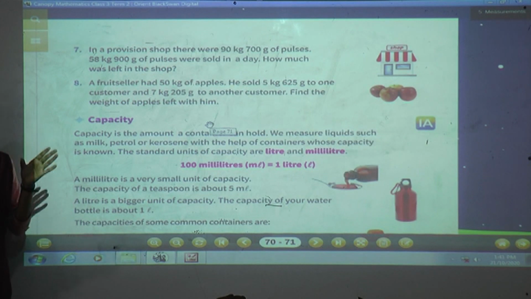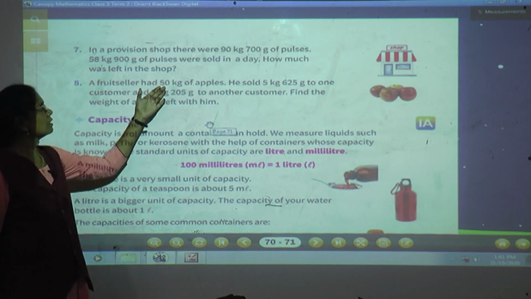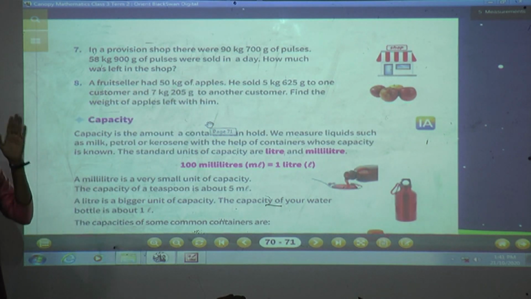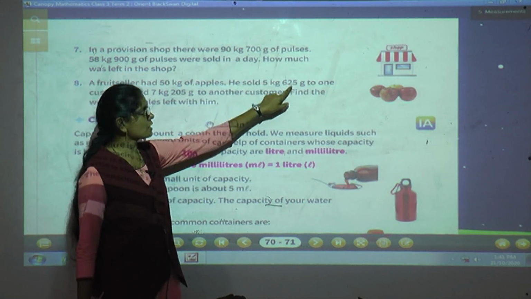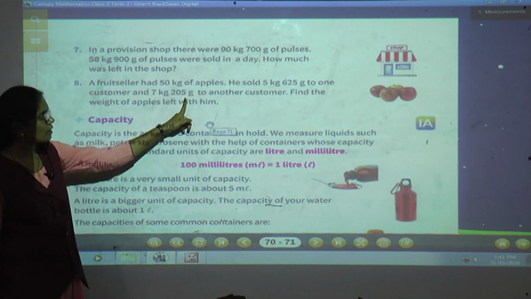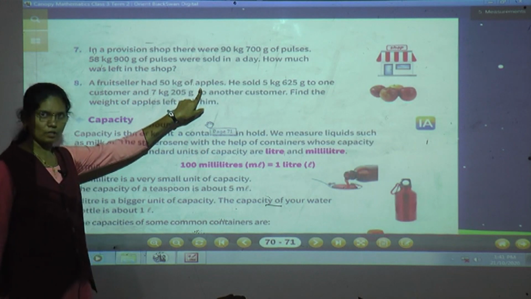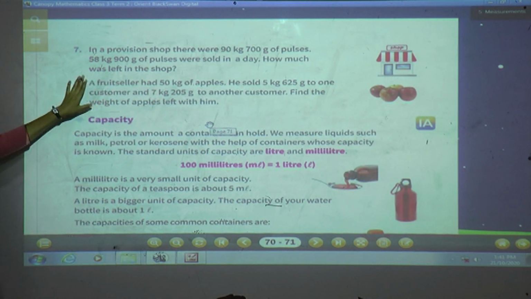Then that total weight of the sold apples we have to subtract from these 50 kg apples, because initially the shopkeeper was having 50 kg apples. So what you have to do? First step, 5 kg 625 gram plus 7 kg 205 gram. You have to add these two numbers and then whatever weight you get, you have to subtract from the 50 kg. So in this way try to solve this last example.